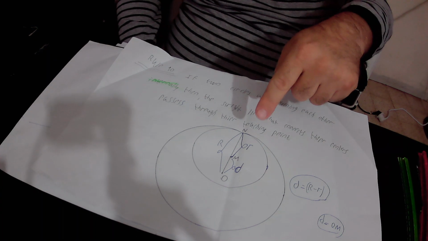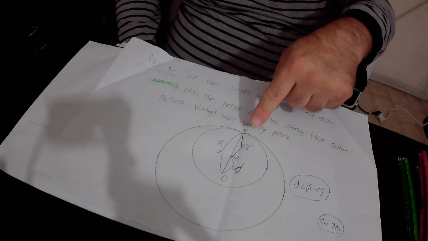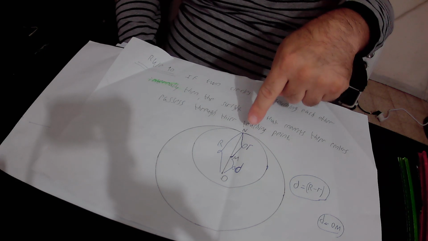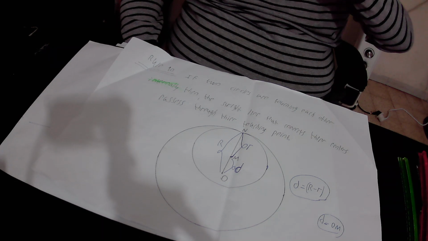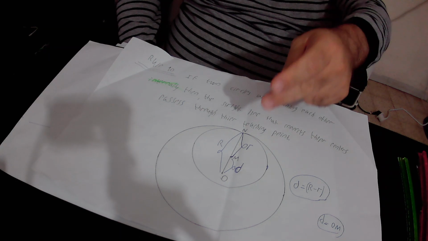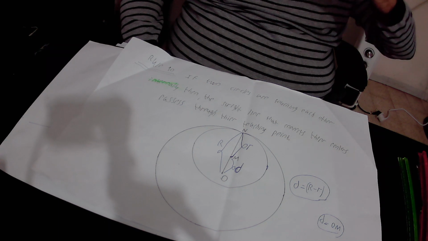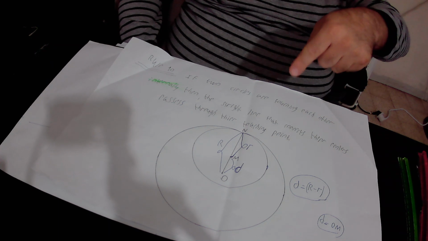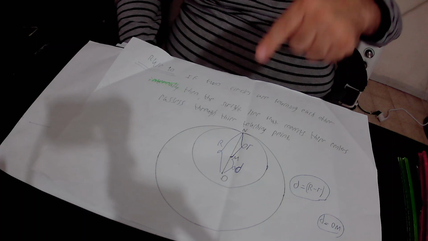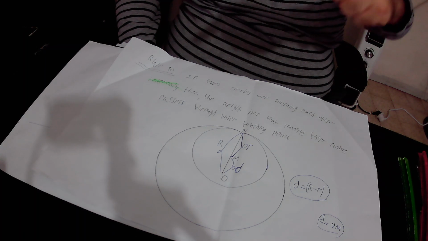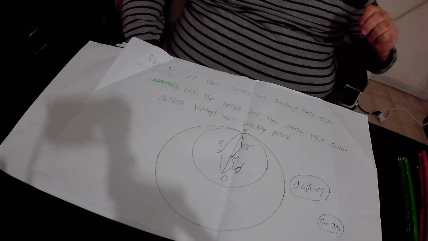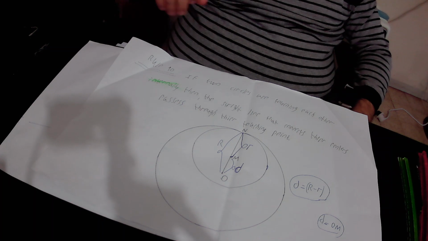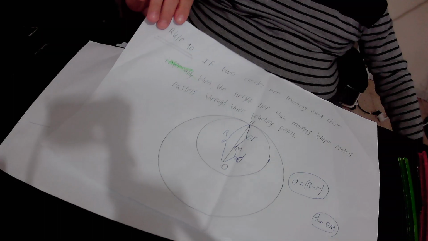That is to say, the straight line OM must pass through point N, therefore OMN is one straight line, and in addition, the distance OM between their centers equals the difference between their radii. The radius of the big circle is capital R, the radius of the small circle is small r, and the difference between the radii is capital R minus small r. Okay, and we also have rule number 11.